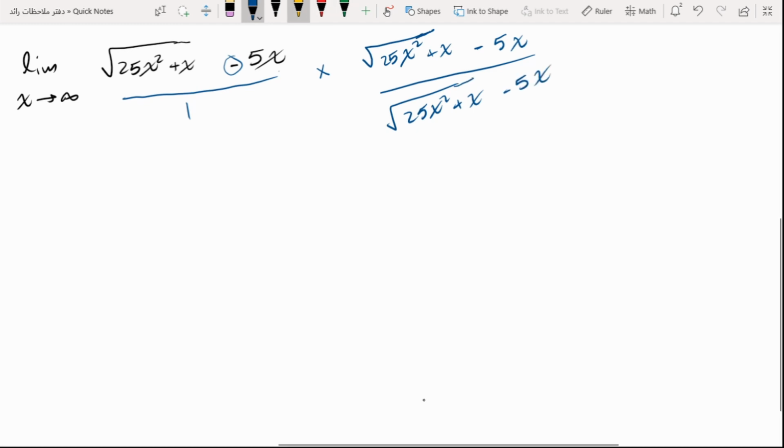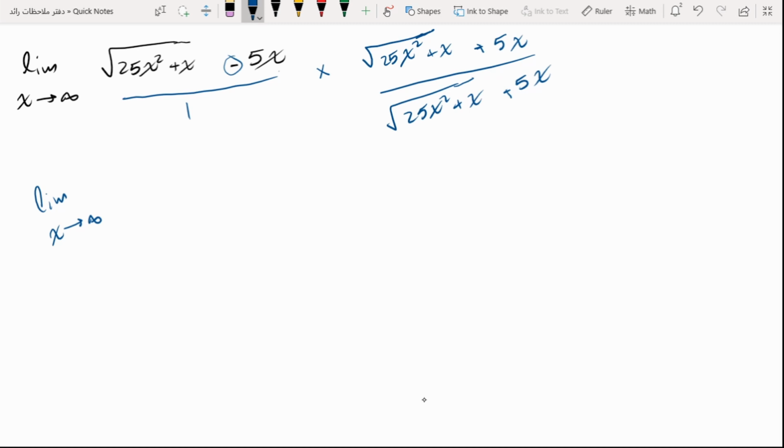As I said, the conjugate is the opposite sign, so I will write positive, the opposite of this sign. Then the limit as x approaches infinity.